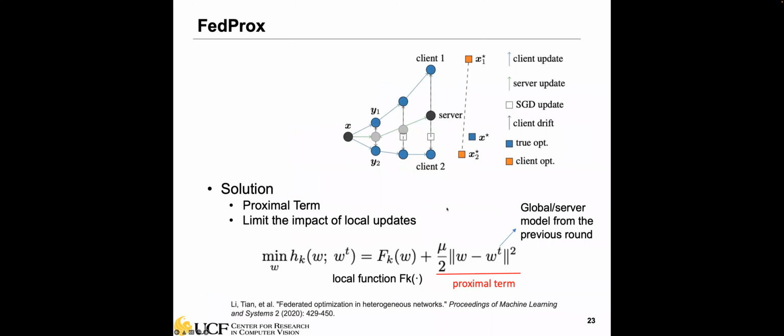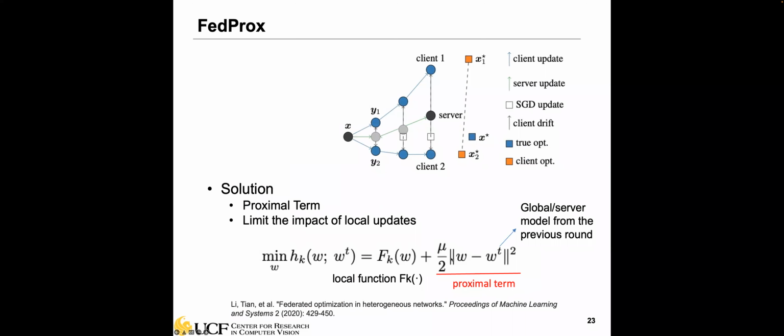So to address this client drift issue, the method FedProx proposes a solution by adding a proximal term in the optimization function, which tries to limit the impact of the local update. This is their optimization function.